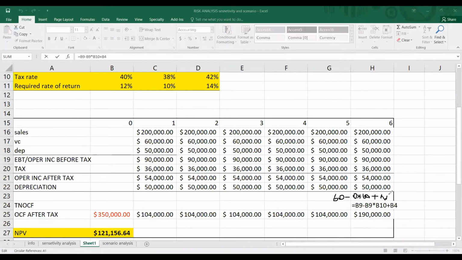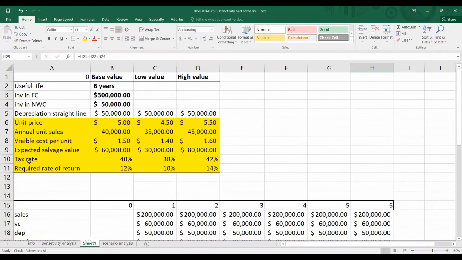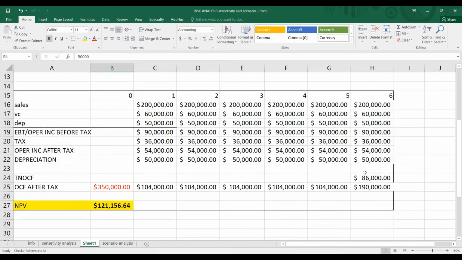I don't remember what our net working capital was. The net working capital was 50,000. So if you estimate that, that should give you $86,000 of terminal non-operating cash flow. And that will be added to your operating cash flow after tax in order to estimate the NPV.